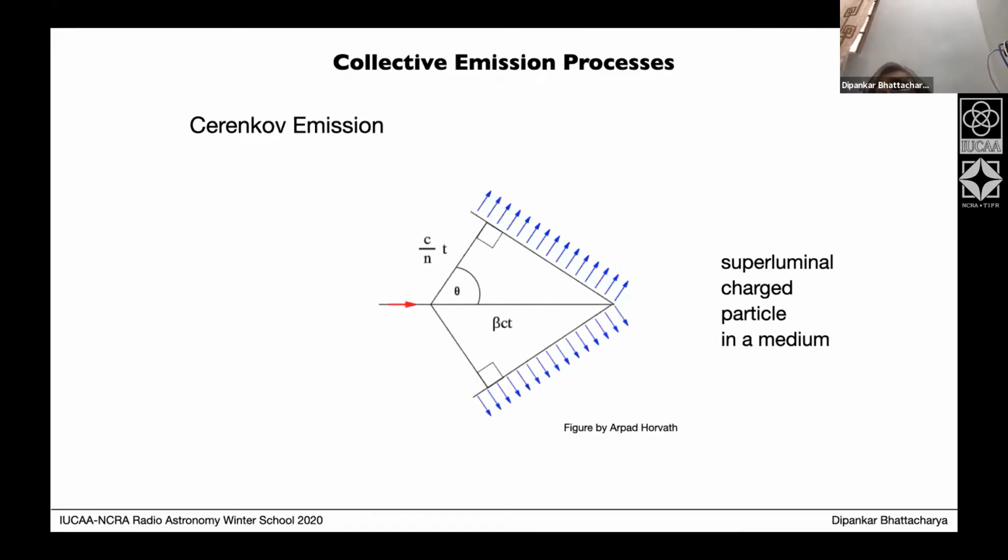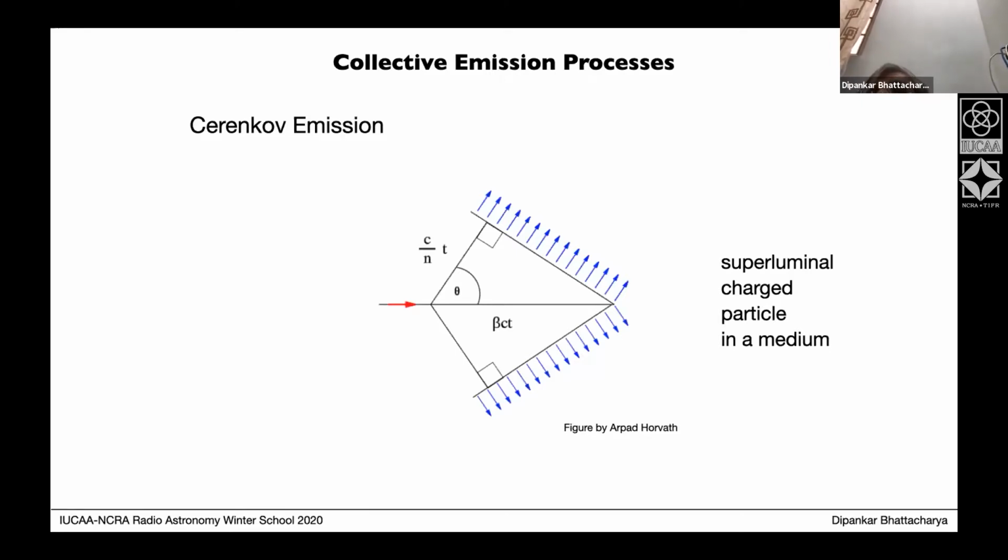One such process is called Cherenkov emission, where a highly energetic charged particle enters a medium, and the charged particle is so energetic that in that medium, it is moving faster than the speed of light in that medium.